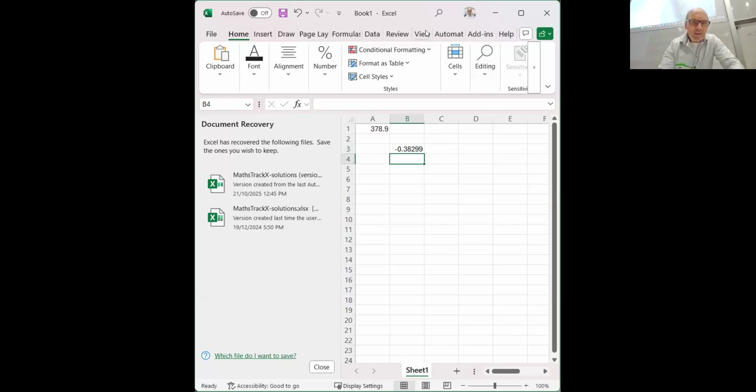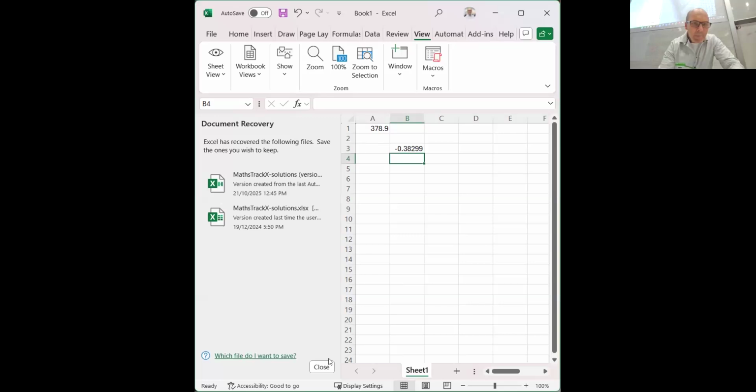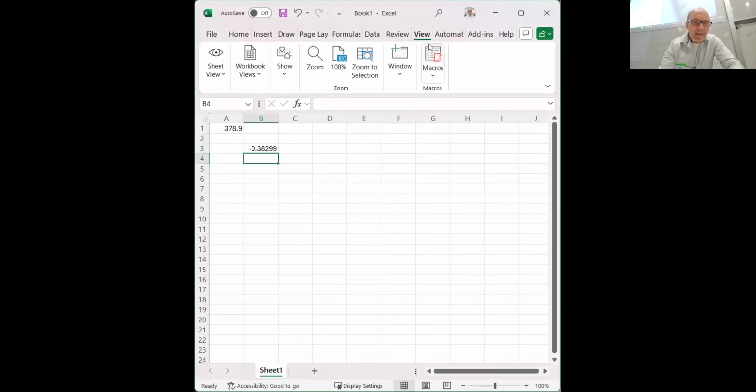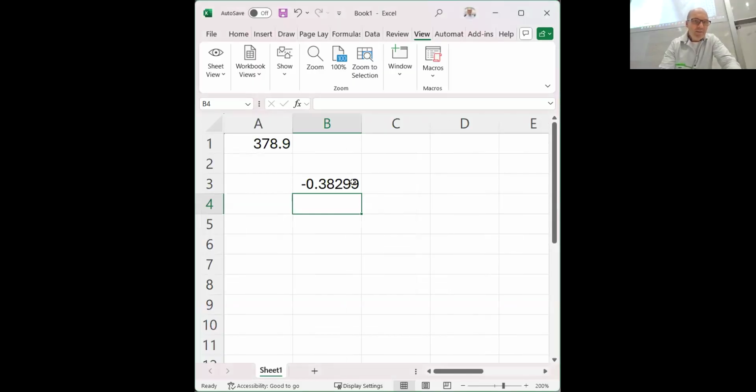And I want to zoom. We're going to make this 200%. Okay, beautiful. Bigger numbers. So all I've done is just done natural log.